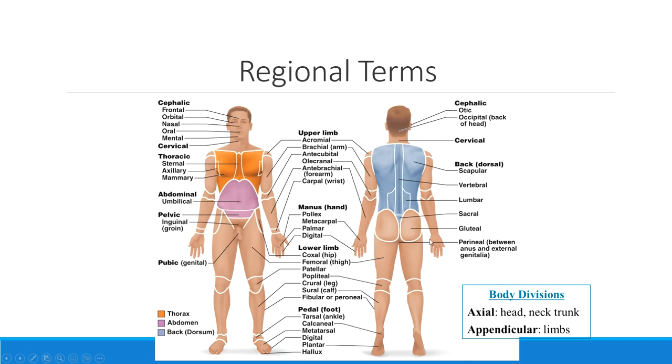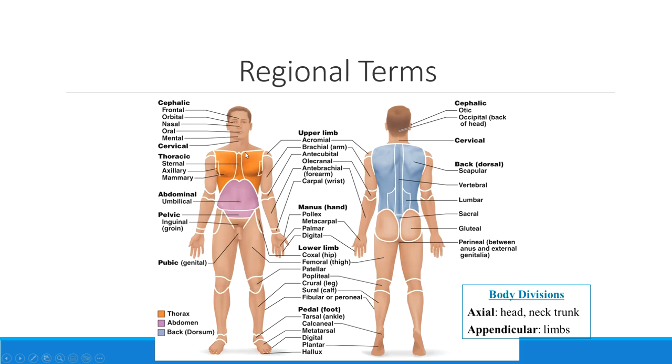Everything that relates to the arms or the legs is considered part of the appendicular region. So the first big picture way we're thinking about the body: are you in the middle, axial, or are you on the limbs, appendicular? Then we go into each of the major regions of the body. Some of these regions we talked about with our body cavities.